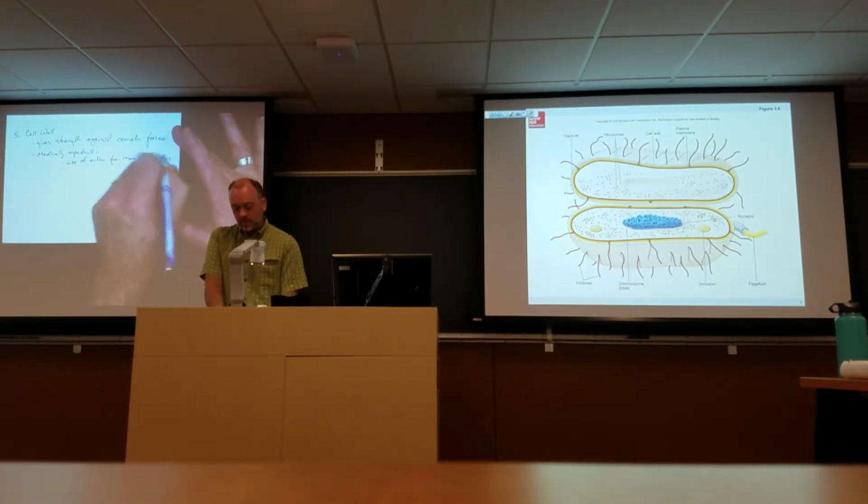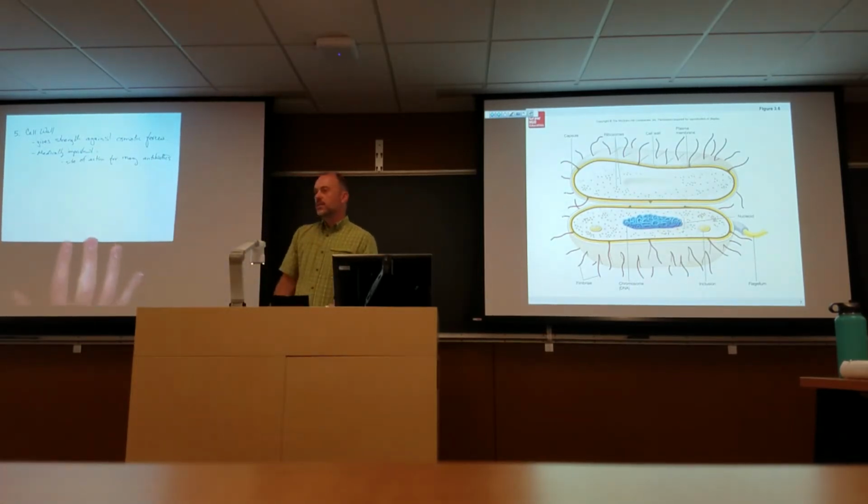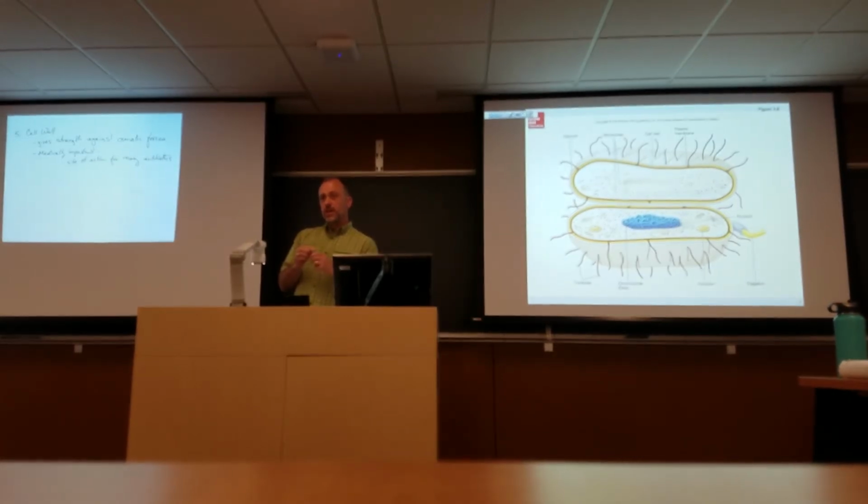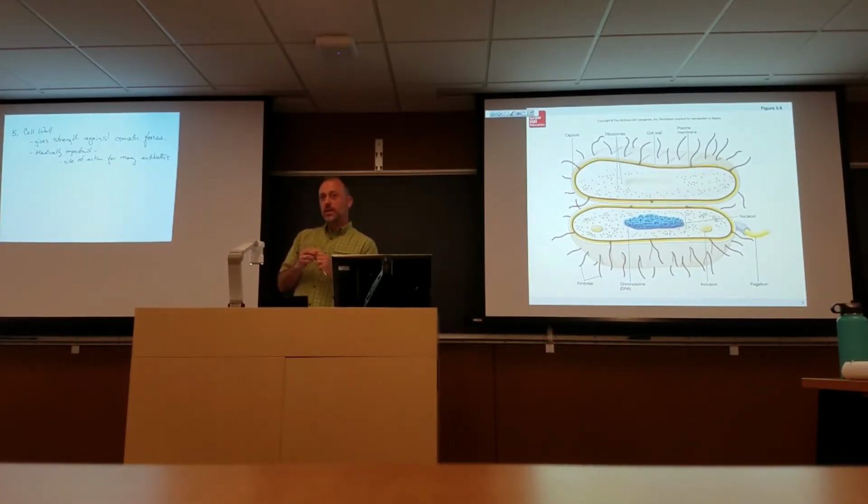One of the interesting things about that, though, is that it's not that the antibiotics attack the cell wall and tear it apart so much as that they prevent it from being built. So we're going to talk about how that works and examples of antibiotics and how they're involved in preventing the synthesis of the cell wall when we talk about anabolism.